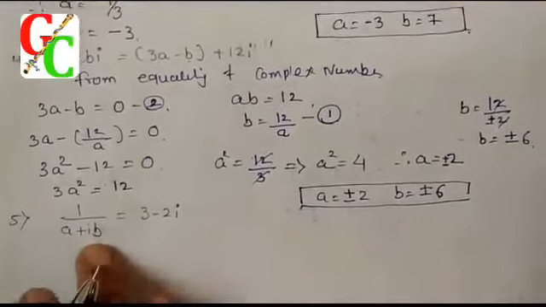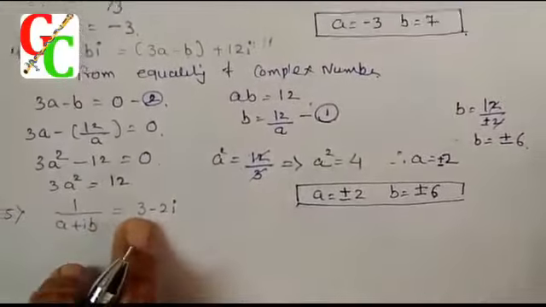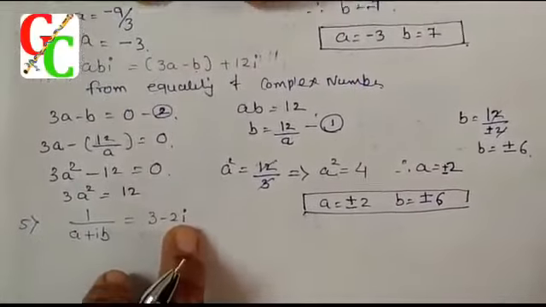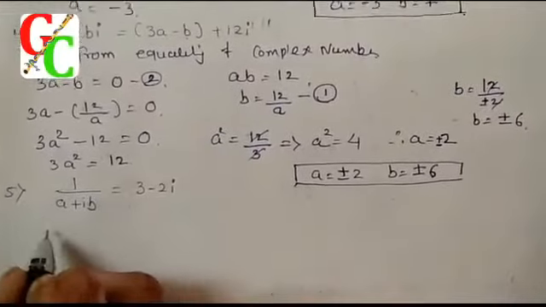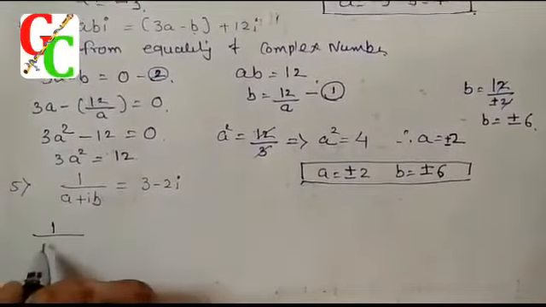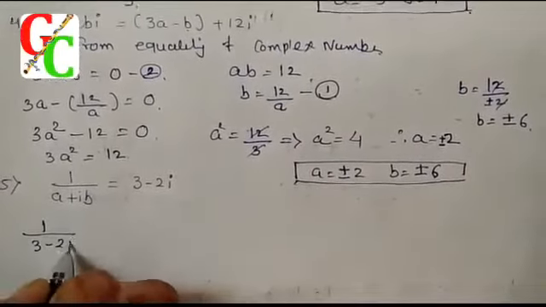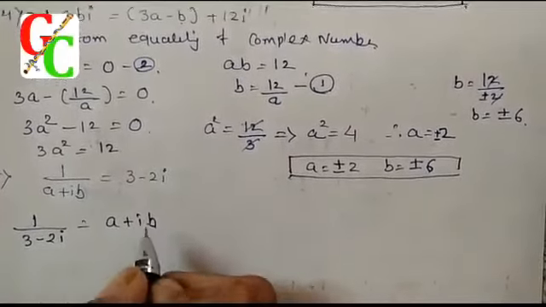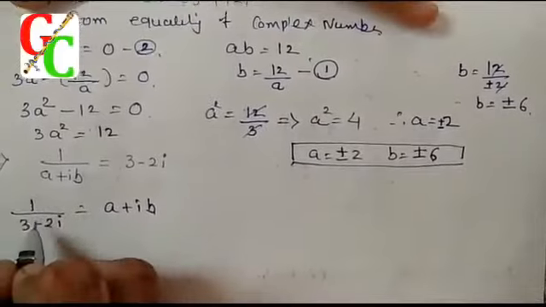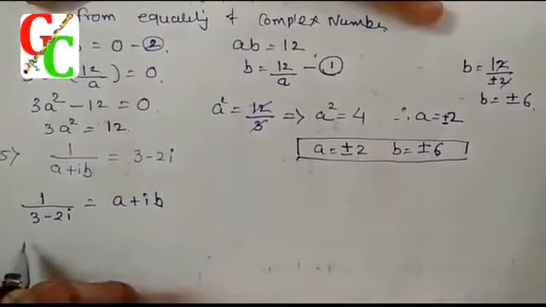Now see the last question, question number 5. 1 upon a plus ib equal to 3 minus 2i. We have to replace the value first. So 1 upon 3 minus 2i equal to a plus ib. We have to multiply with the conjugate term.